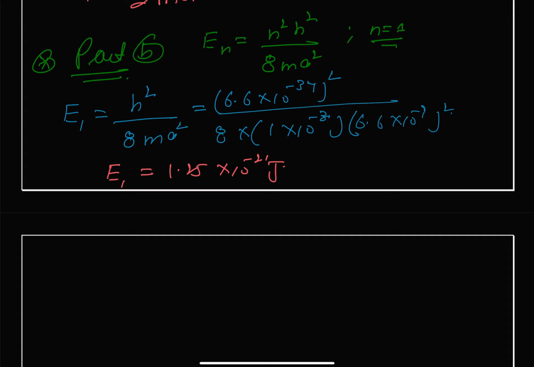We can just convert into electron volt, dividing by 1.6 into 10 to the power minus 19, giving us 7.8 milli electron volt.